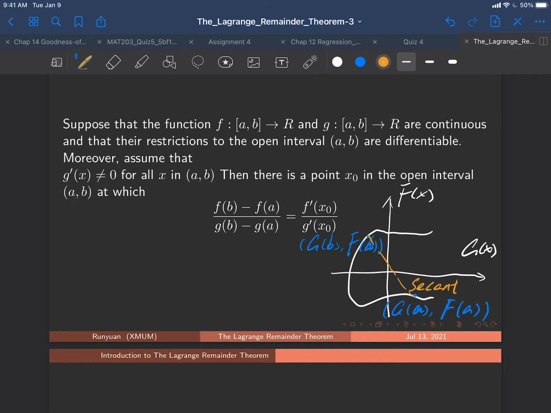In this curve, there must exist a point whose tangent is parallel to the segment.